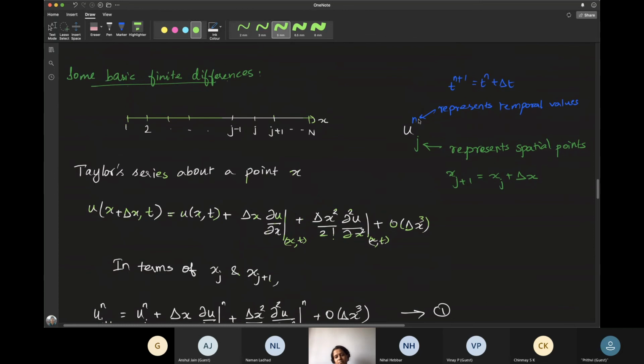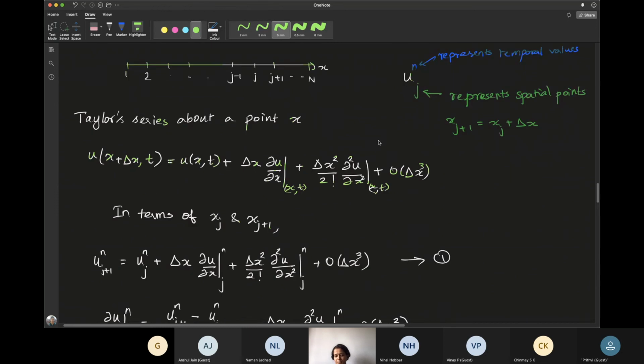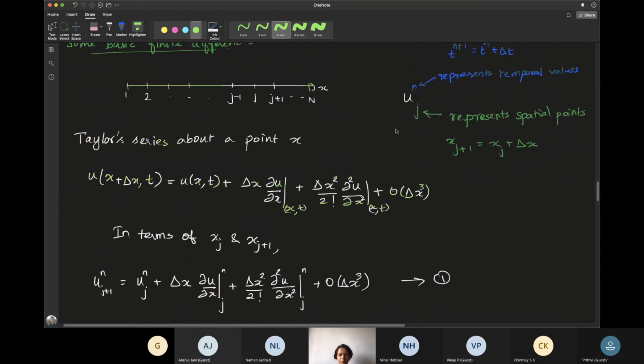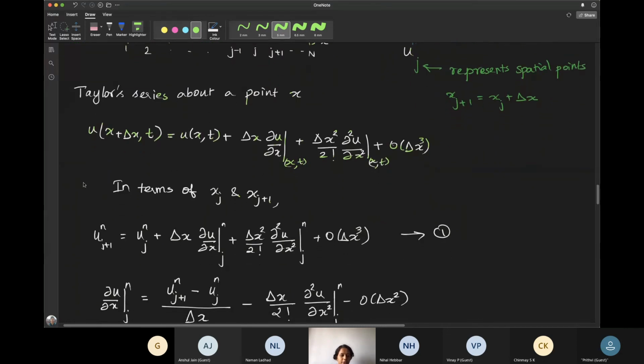When you say u_j^n, j represents spatial points, that is, xj plus 1 is xj plus delta x, and n represents the temporal values, governed by T^(n+1) equals T^n plus delta t. So now we can write each of these terms in this format. Doing that, this term becomes u_(j+1)^n, and this becomes u_j^n, and these are just the same thing repeated.